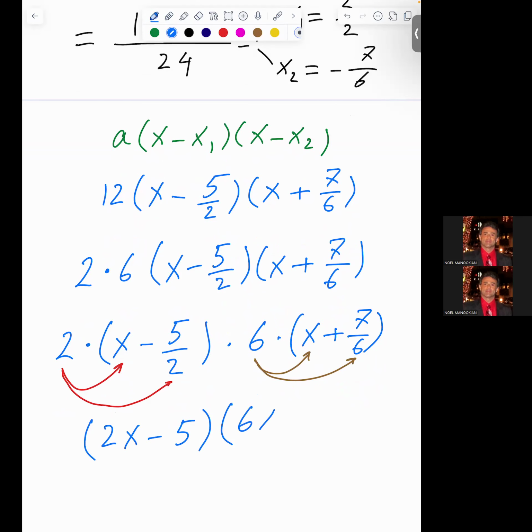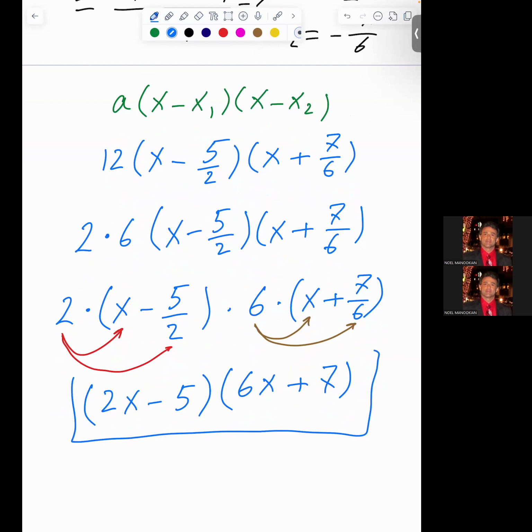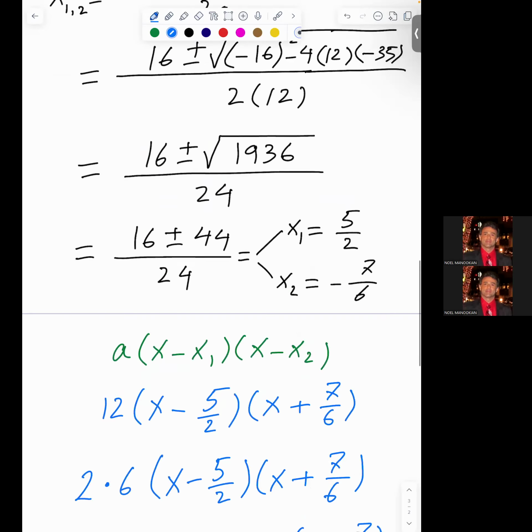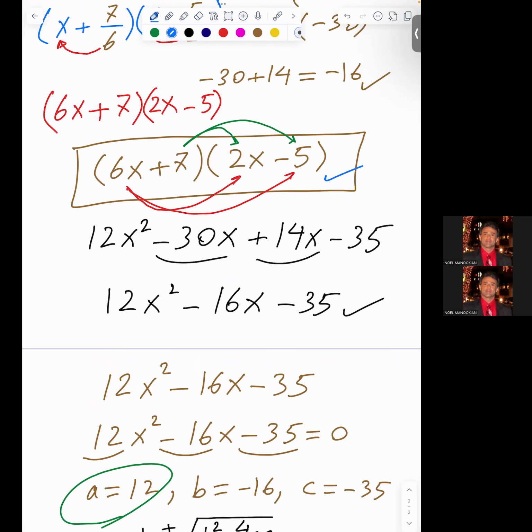So it gives you 6x plus 7. So this is going to be the final answer. This is exactly something that we got using the first approach. 2x minus 5, 6x plus 7 is something that we got here.